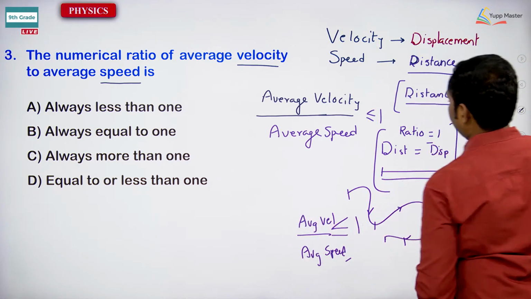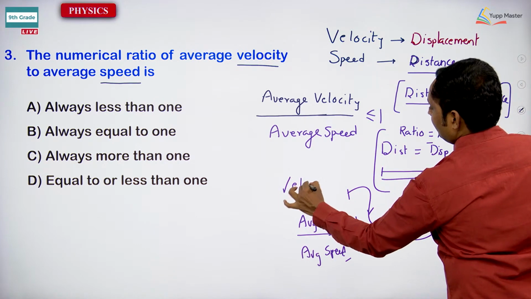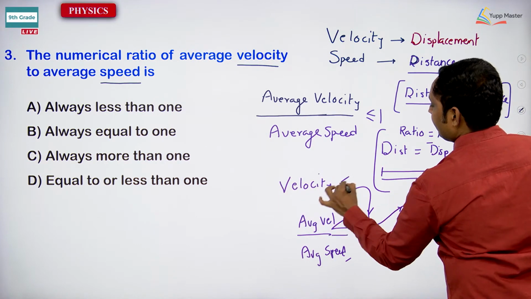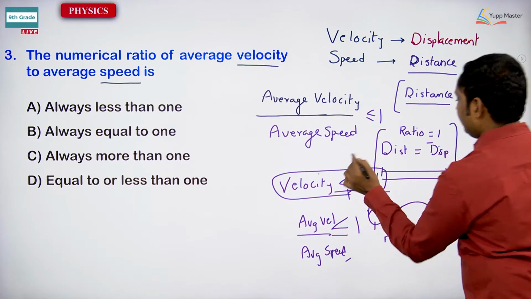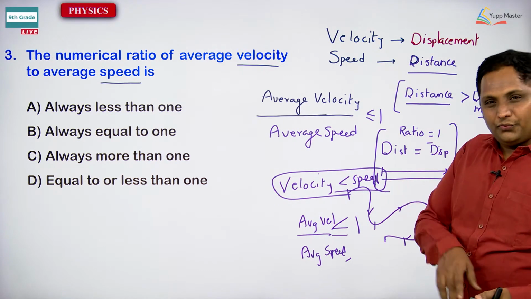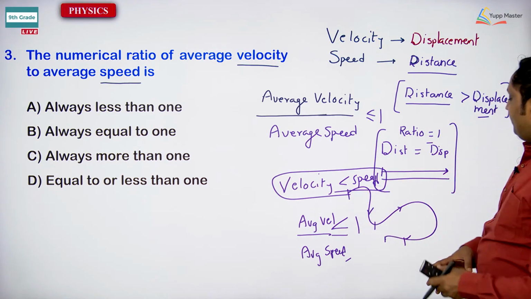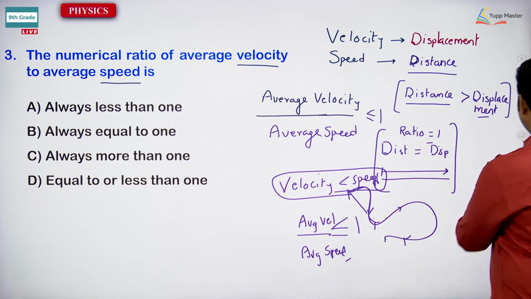Always you are going to take that as compared to velocity and speed. Along 1D in the straight line path, it is going to be very clear. Sometimes it is going to follow different paths.